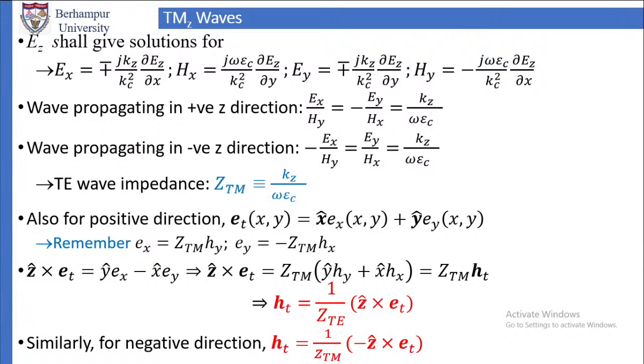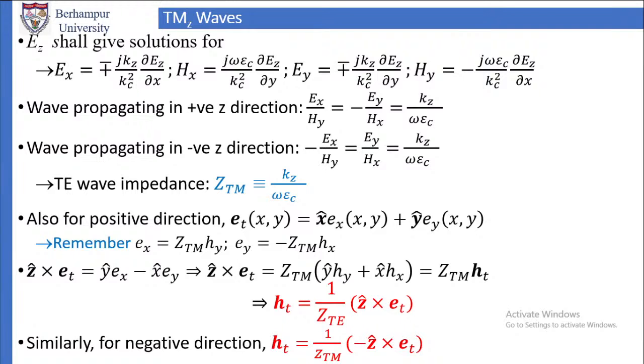Now, again, you can see that capital Ex by Hy is the same as small ex by small hy, and capital Ey by capital Hx is the same as small ey by small hx, because the exponential minus plus j kz z cancels out in the numerator and denominator, leaving the small e and small h.